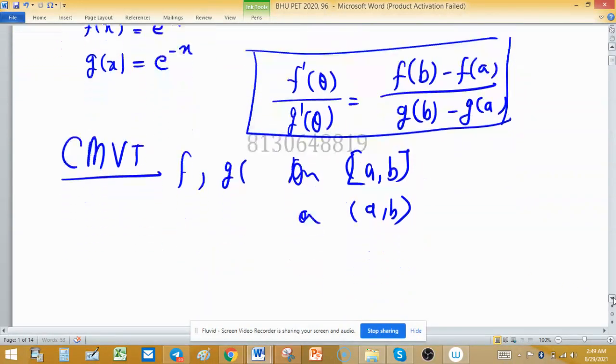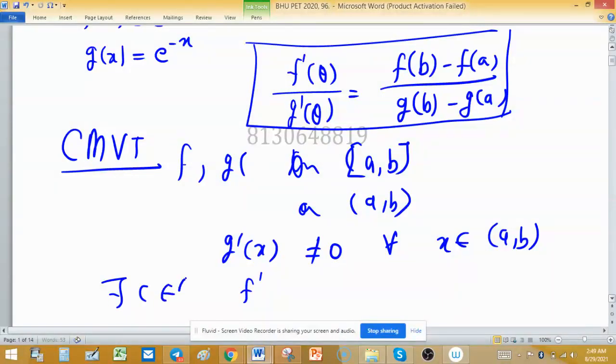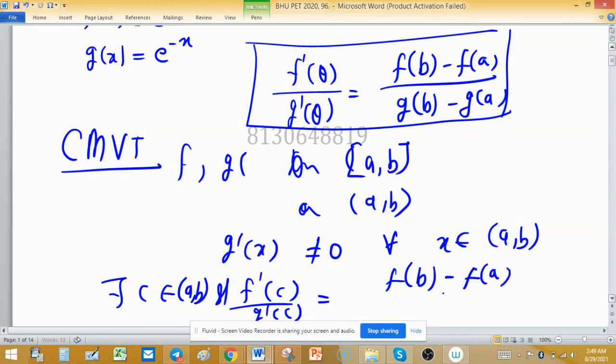Because we are going to define a quotient, g dash x will never be 0 for all x coming from open interval ab. Then there exists c belonging to open interval ab such that f dash c upon g dash c is equal to fb minus fa divided by gb minus ga.